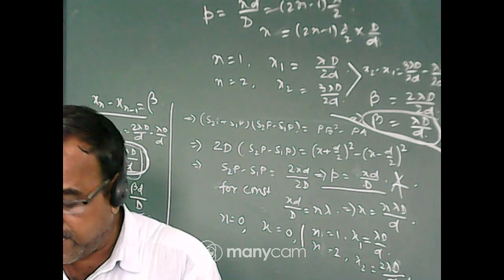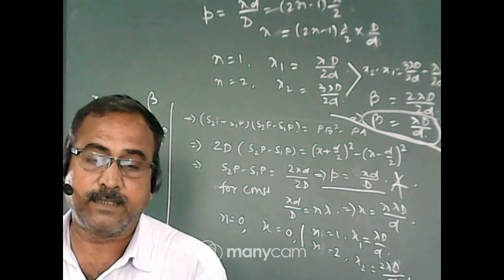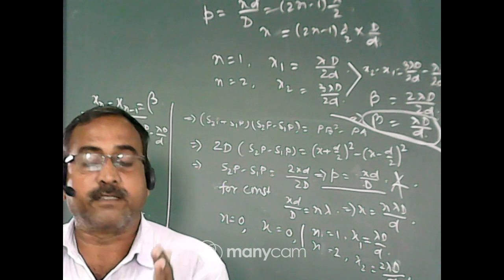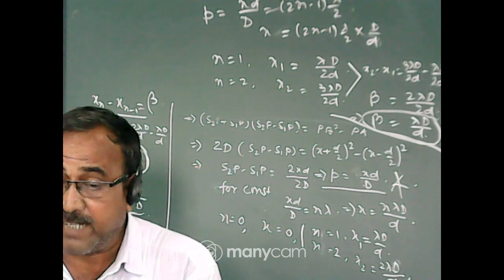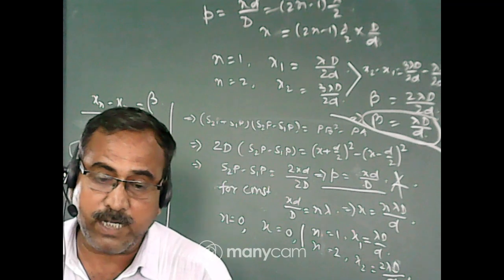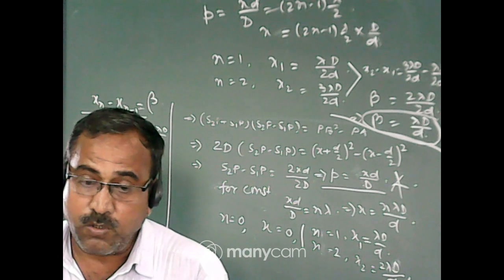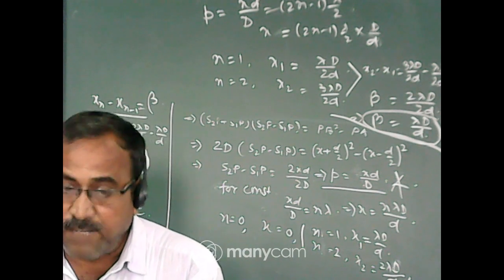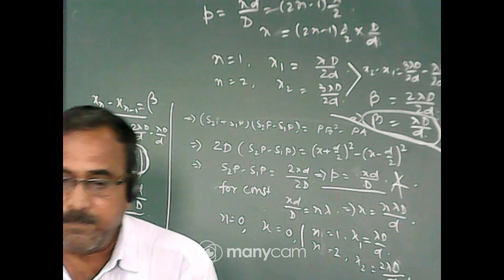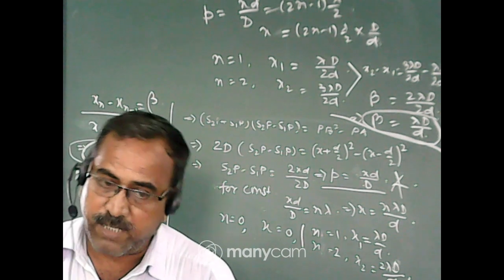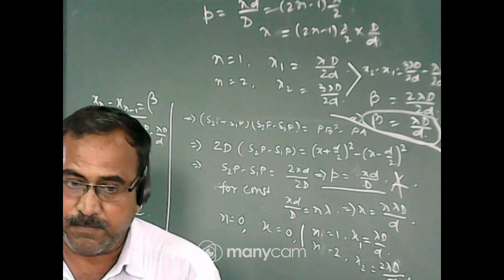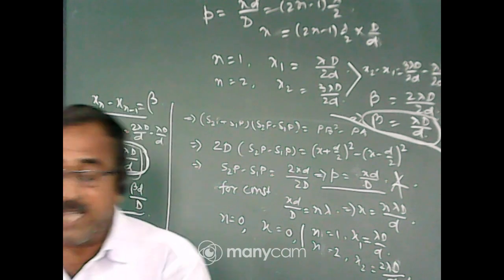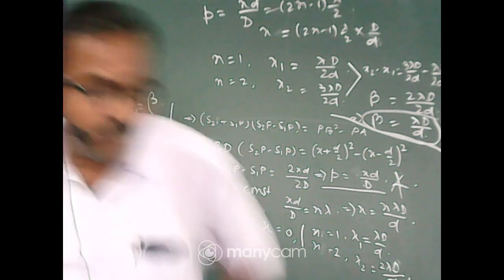That means the beta. Calculate the wavelength of the second light. You know it. Beta equal to lambda capital D by small letter d. So those are fixed, capital letter D and small letter d. Only difference are beta and the lambda.